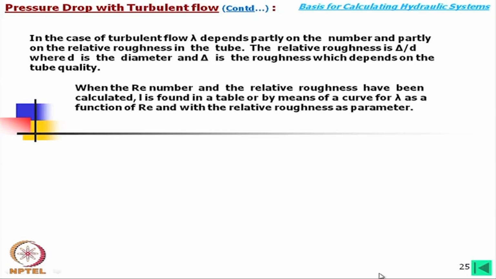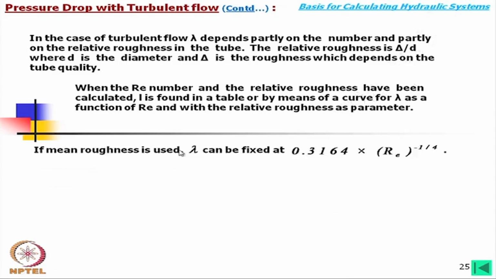When the Reynolds number and the relative roughness have been calculated, lambda is found in a table or by means of a curve for lambda as a function of Reynolds number, with the relative roughness as parameter.